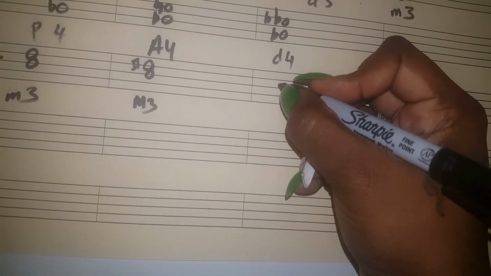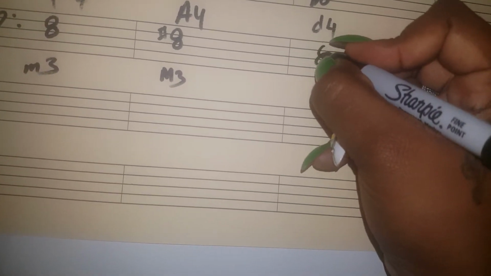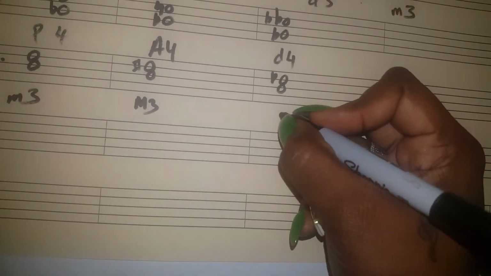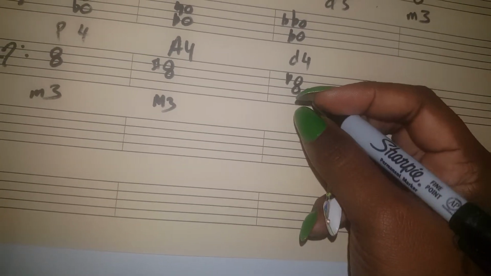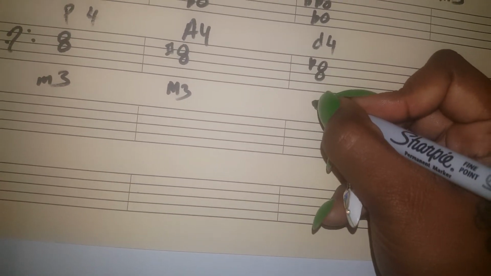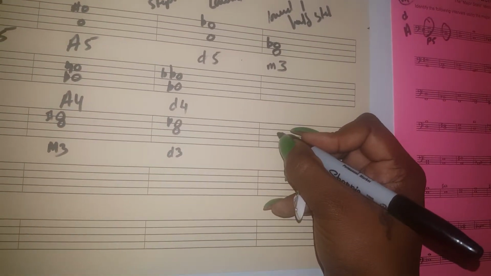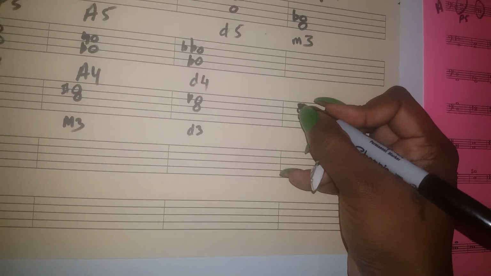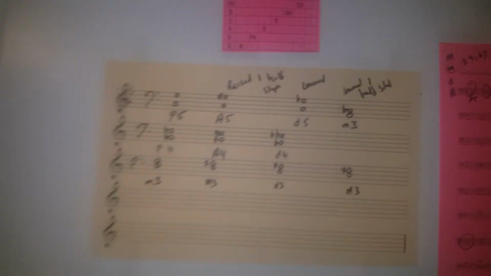If it would have been D to F flat, it would have been a diminished third. And if it would have been D going to F double sharp, it's an augmented third.